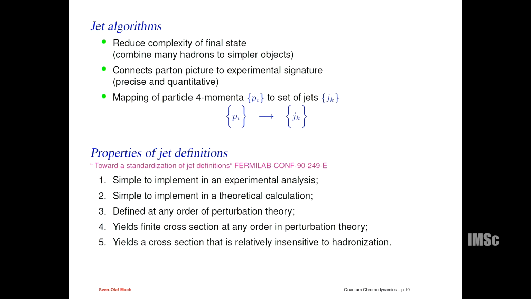The definition of a jet should be simple to implement in an experimental analysis, but it should also be simple to implement in a theoretical calculation. Because in the end we have to deliver to the experimentalists, and if we have an observable which we cannot calculate, then there is no way to move forward. They should also be defined at any order in perturbation theory, and they should yield finite cross sections at any order in perturbation theory.